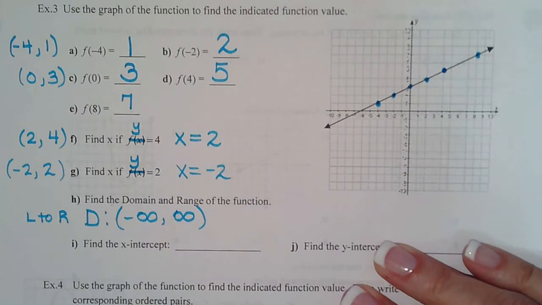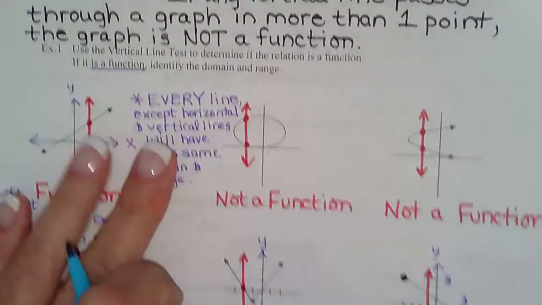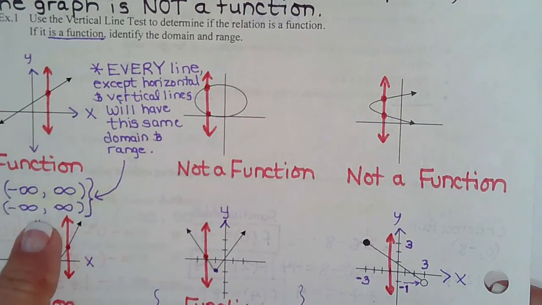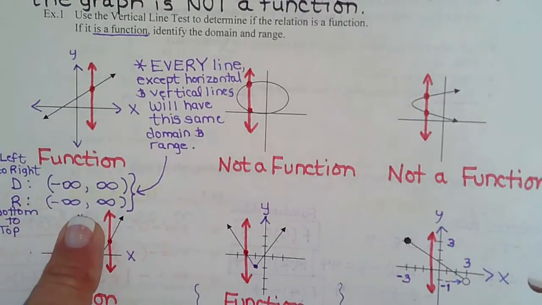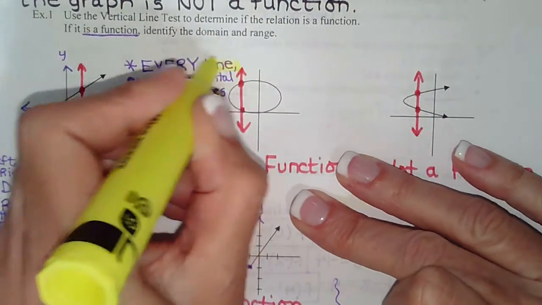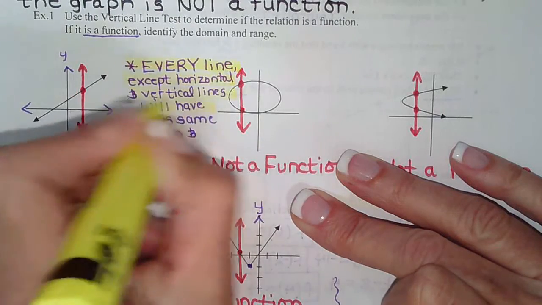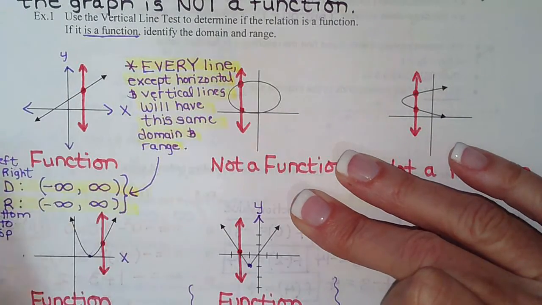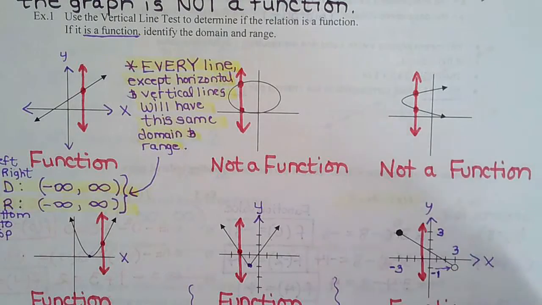Remember how I had you write that in your notes? Every line except horizontal and vertical lines has this for its domain and range. So I had you write that. I would highlight it too, just to draw your attention to it. So every line is going to have this domain and range unless it's vertical or horizontal.